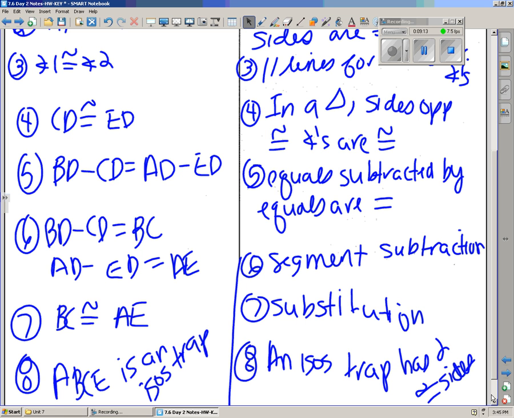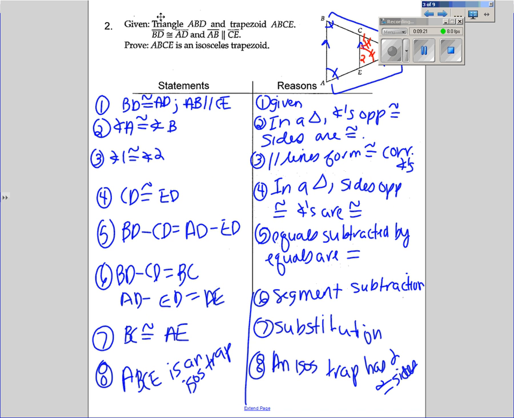Okay, that's a lot. And actually, to come to think of it, hold on. If you take a look at this whole proof, it turns out that we don't even need to talk about, oh, yes, we do. We need to have B and A, so we've got corresponding angles. Okay, so here you go. It's kind of a long proof, 8 steps.